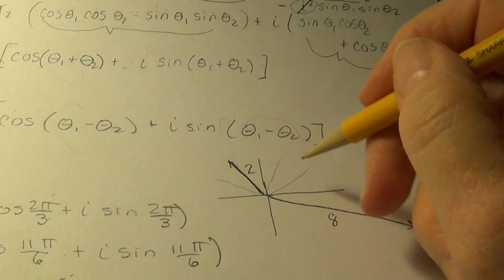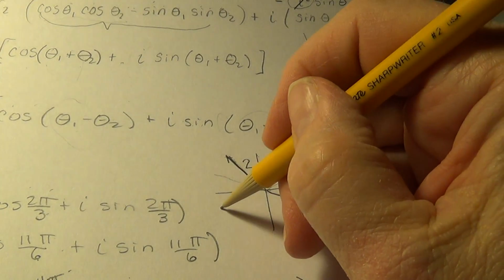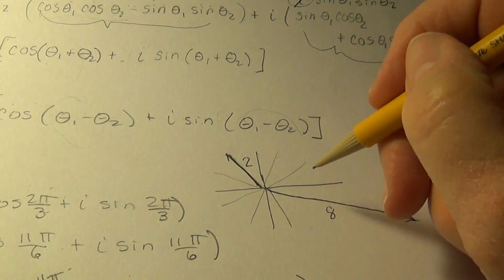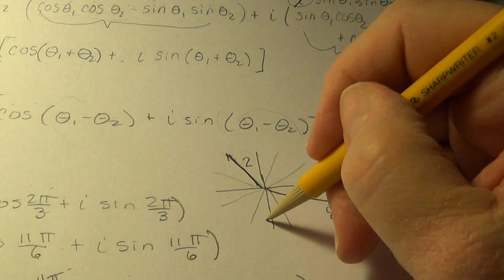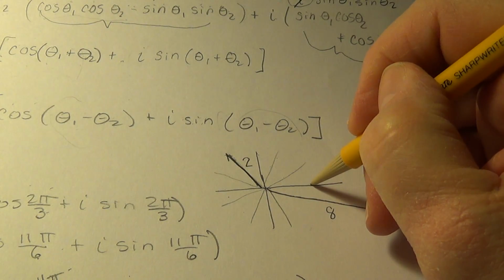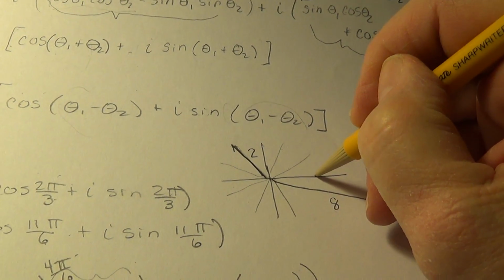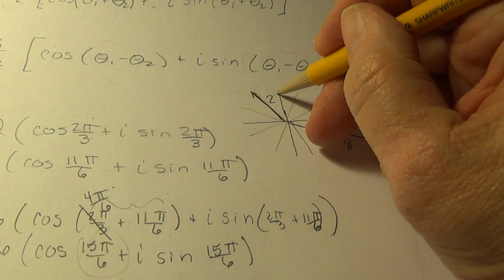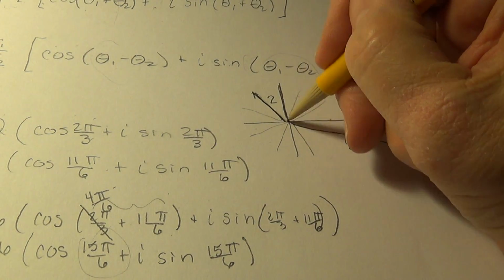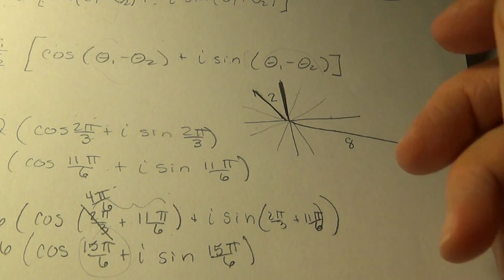If I go back to my circle here, I was putting in the sixths. So 1 sixth, 2, 3, 4, 5, 6, 7, 8, 9, 10, 11, 12 sixths pi, and we're going on to 13, 14, 15 sixths pi. That took me right there.